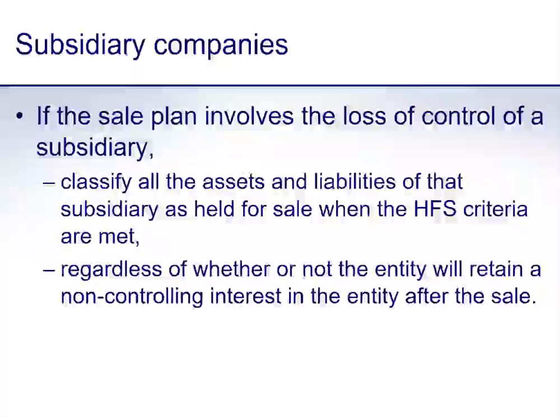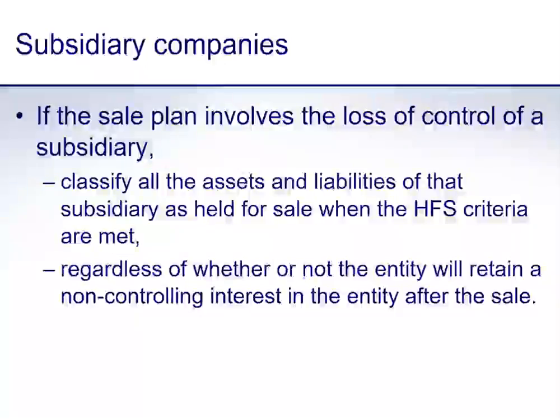Now, if that is a situation, again, I'm looking at the cash, I'm looking at the disposal group that is this subsidiary company. That's what I'm disposing of. The asset that I will retain when I'm done will have a different classification altogether.